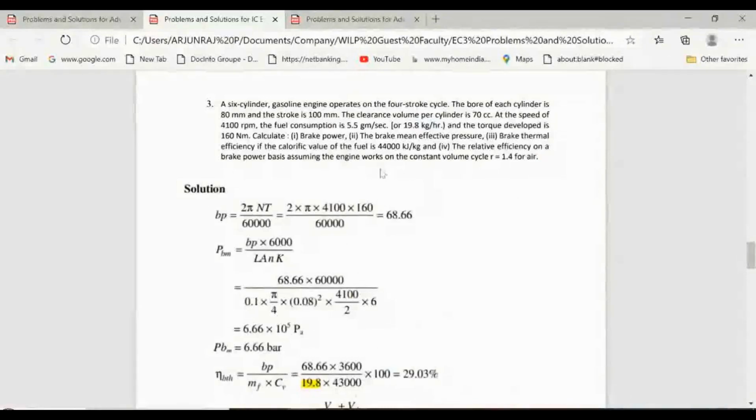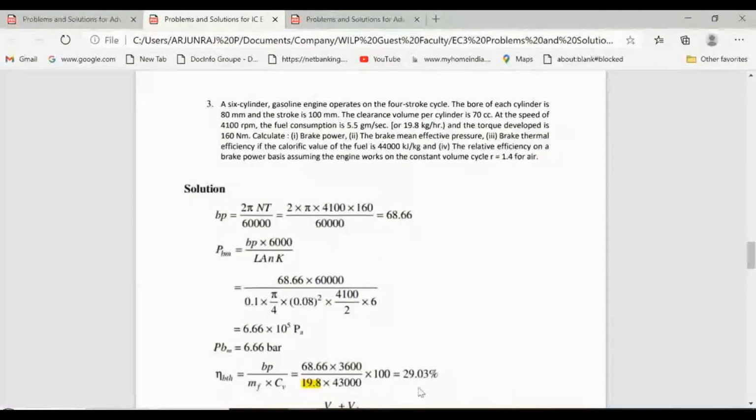Okay, so here there is a change actually. There is a change with respect to the question, and the value should be 44,000, not 43. It should be 44 because they gave 44 here.